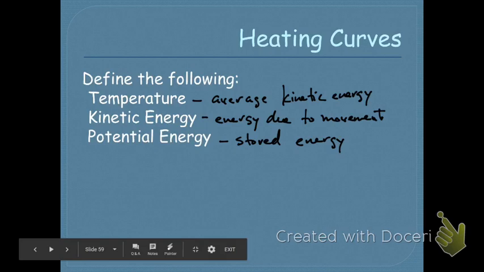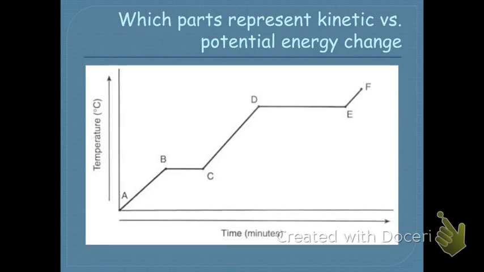All right. So let's take a look at a heating curve and see how it is different or the same than what we had thought of. Here is the general heating curve for a particular substance. What you'll notice is that when you heat a substance, it increases over time, but there's certain points where it plateaus.